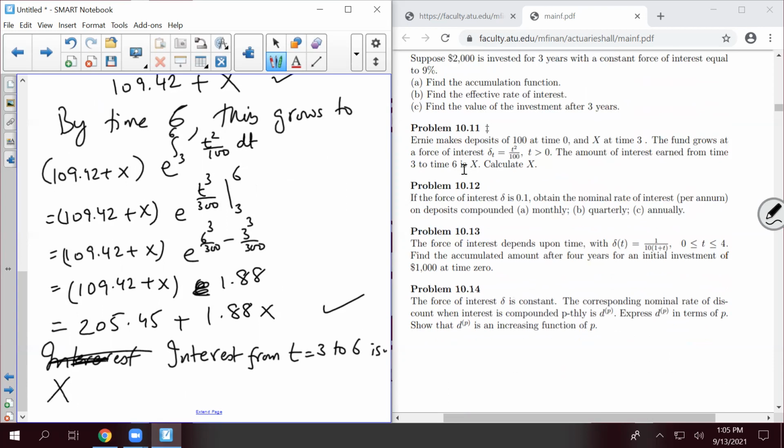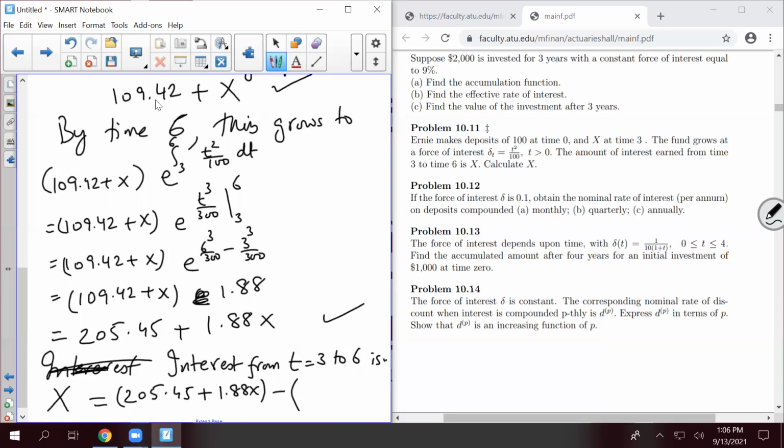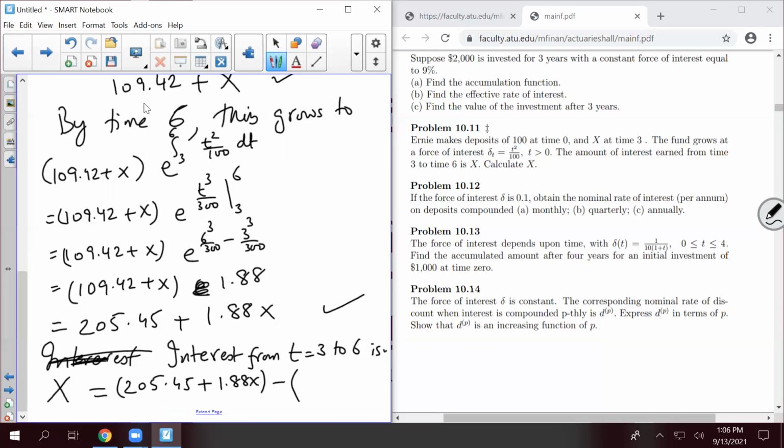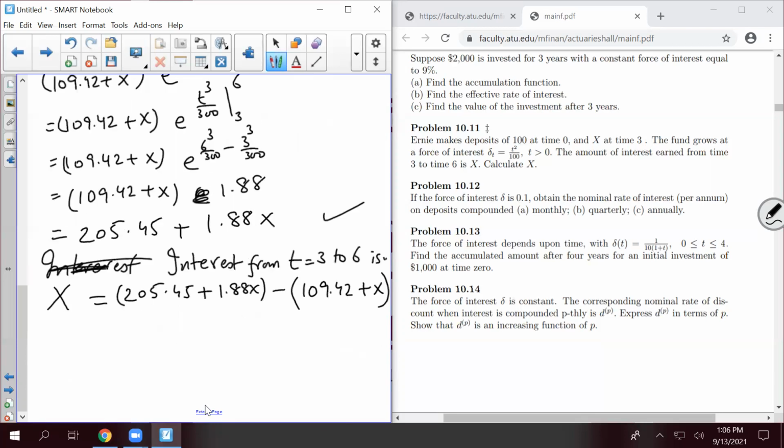So x is equal to the difference: the amount at time 6, which is 205 plus 1.88x, minus the amount at time 3 from where we started, 109.42 plus x. Okay. So this can be simplified.